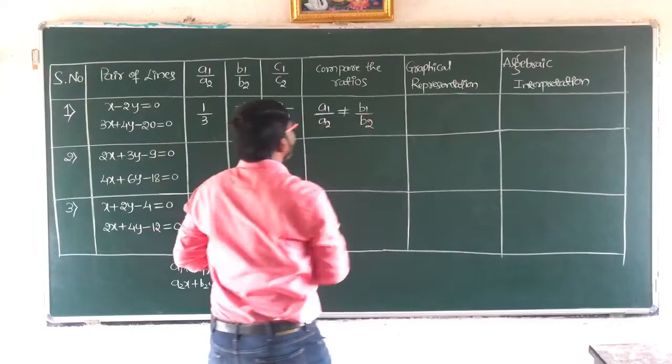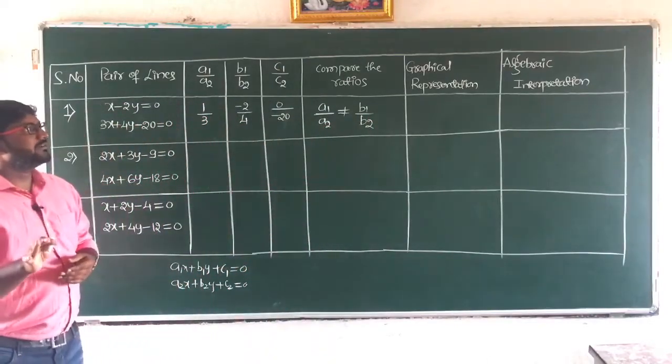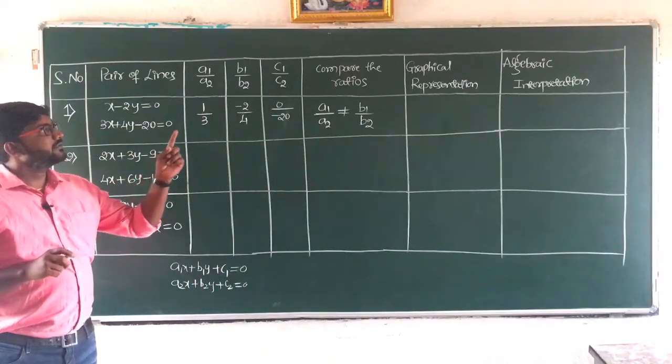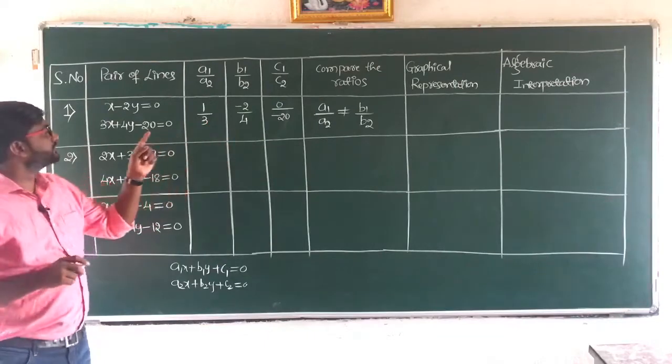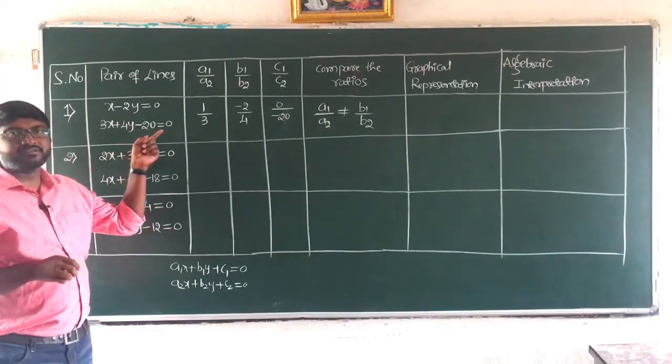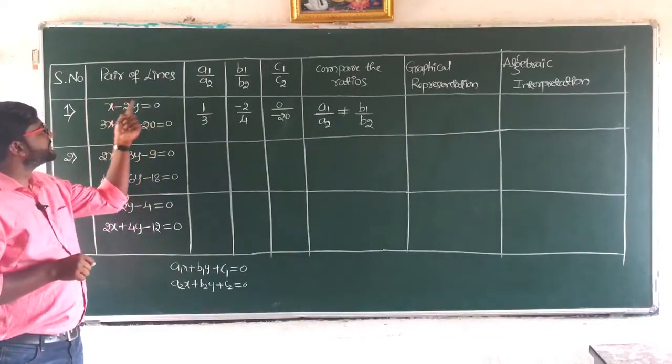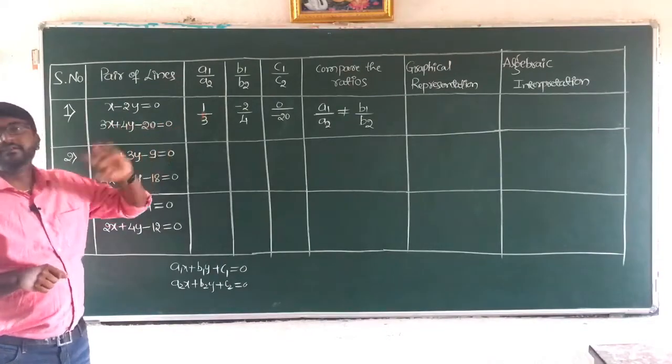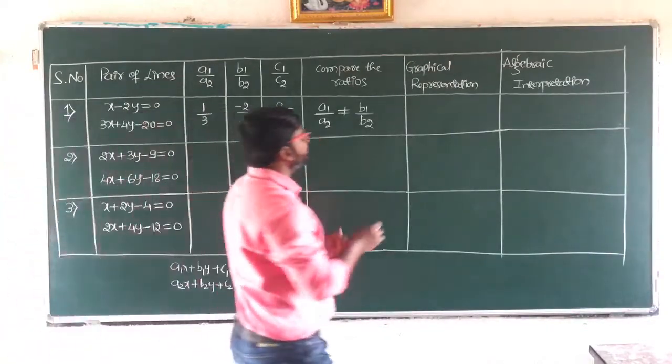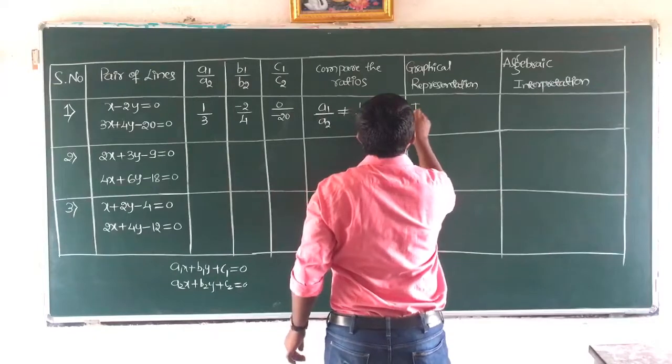If a1 by a2 is not equal to b1 by b2, then they are intersecting lines. You can go back to the example problem and check the graphical representation of this pair of equations. It is intersecting lines.